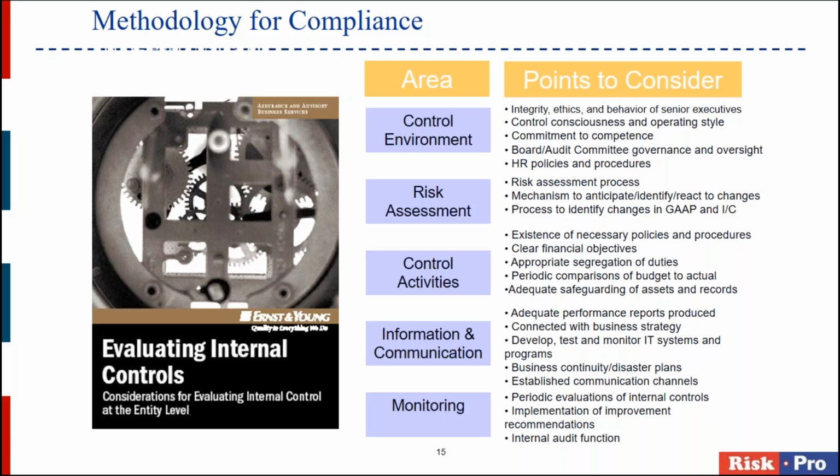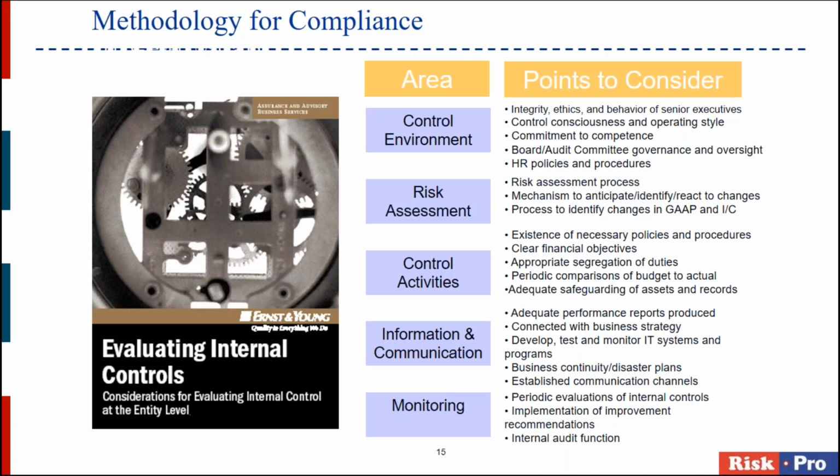Then the information and communication part. We have to ensure that adequate performance reports are produced. These are connected with business strategy, and developed to test and monitor the IT systems and programs. And finally, for evaluating the internal controls, it is important that each one of these is monitored.